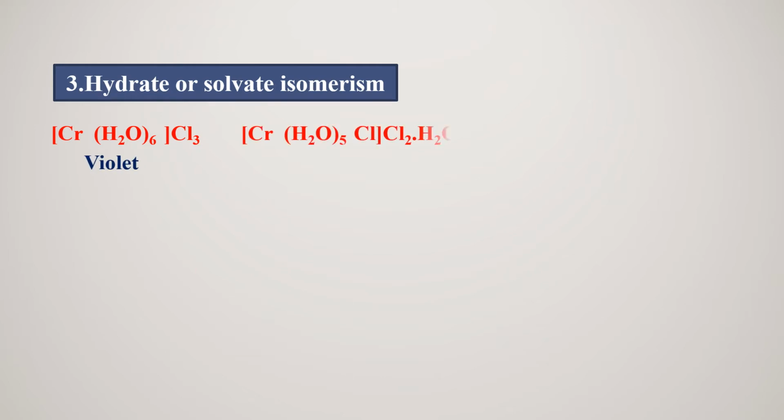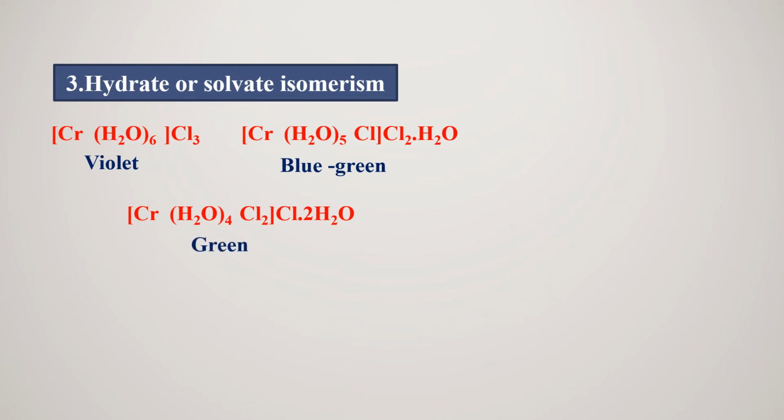Now see the examples given: hexaaquachromium(III) chloride, then pentaaquachloridochromium(III) chloride. The first one is violet in color and the second one is blue green. The third one also given is tetraaquadichloridochromium(III) chloride, which is green in color.